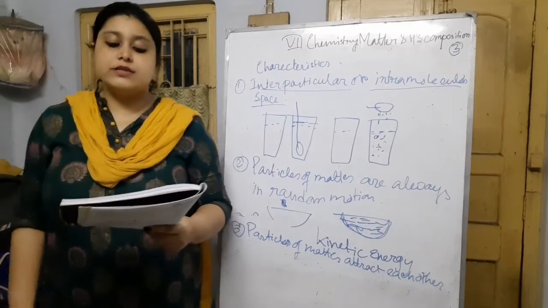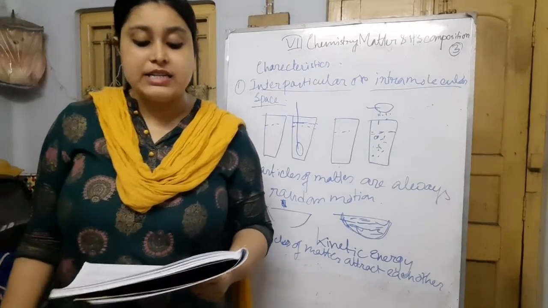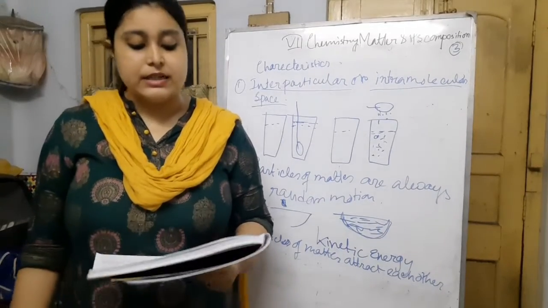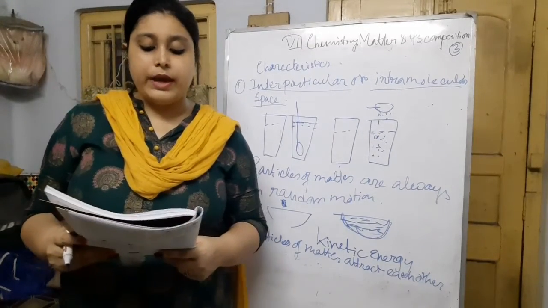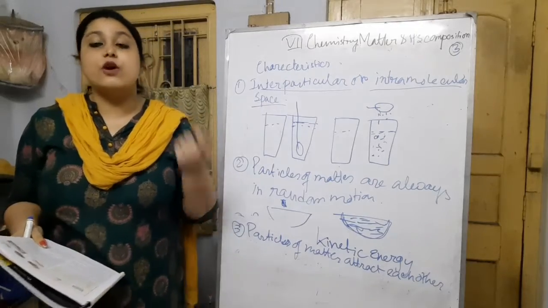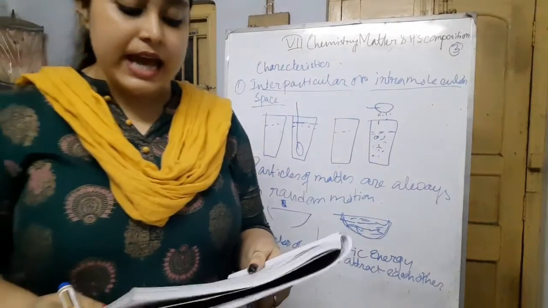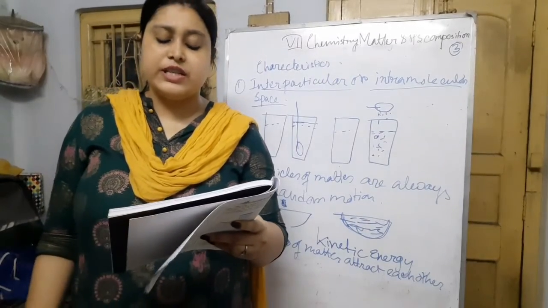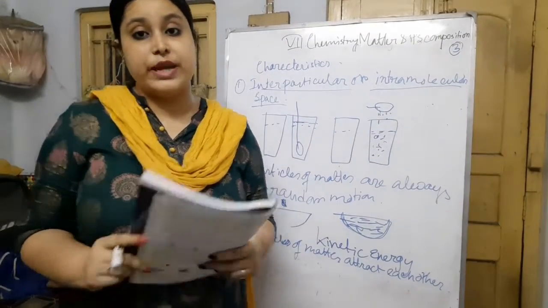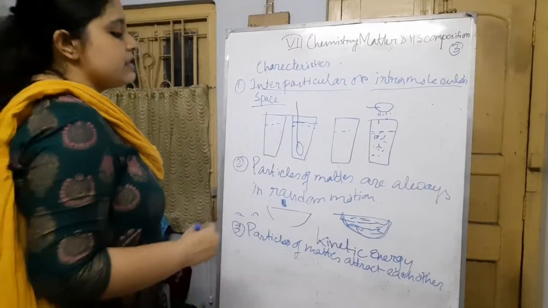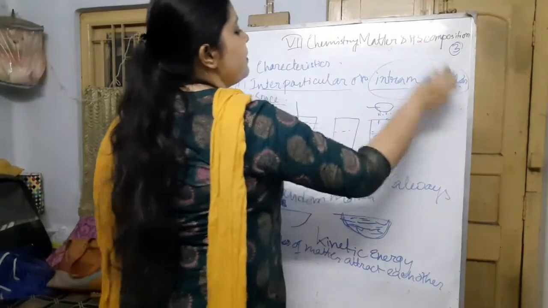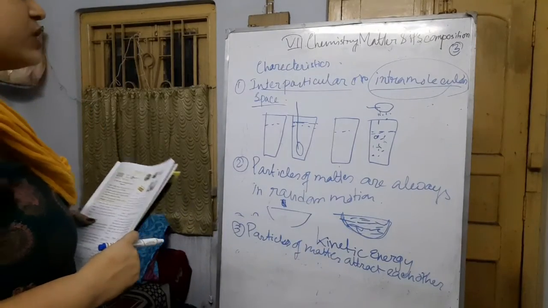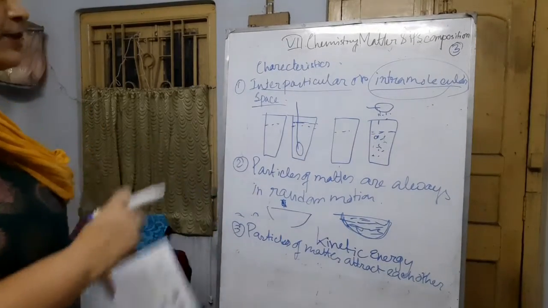All this shows that there is an intermolecular force of attraction between the particles of wooden blocks, chalk pieces and water. Hence it is proved that the intermolecular attraction between the particles keeps them together.